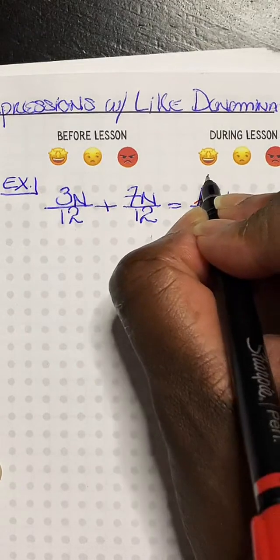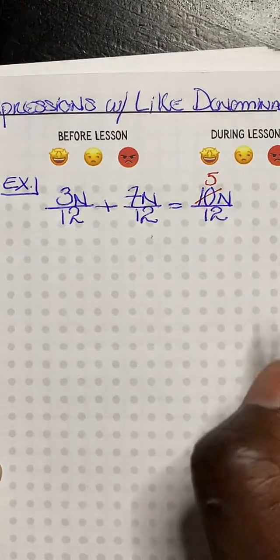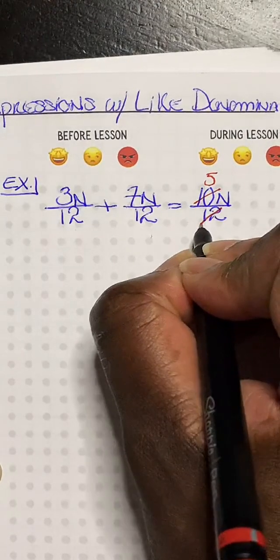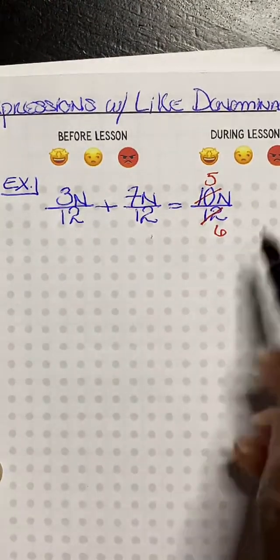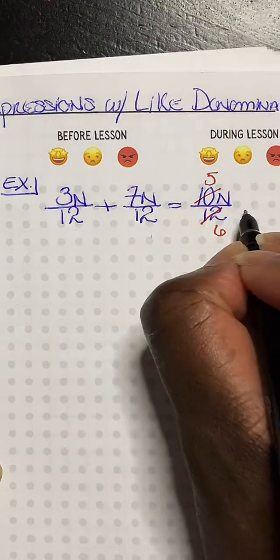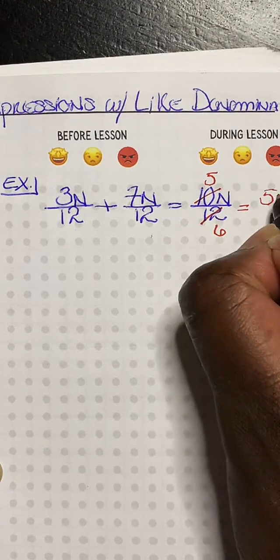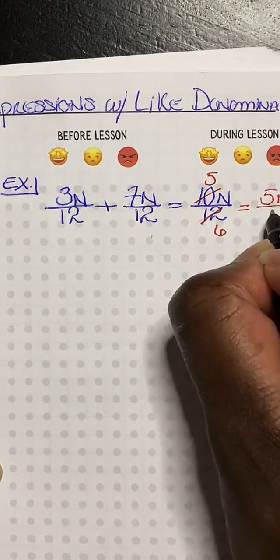So that 10 is going to turn into a 5, because 10 divided by 2 gives me 5. This 12 is now going to be a 6, because 12 divided by 2 gives me 6. So my final answer is going to be 5n over 6.